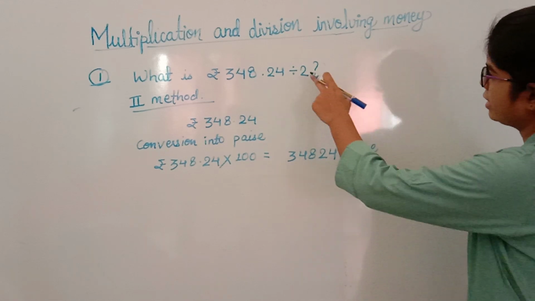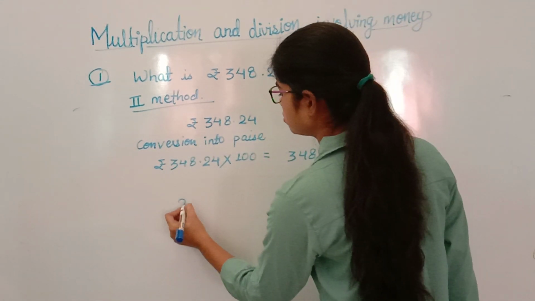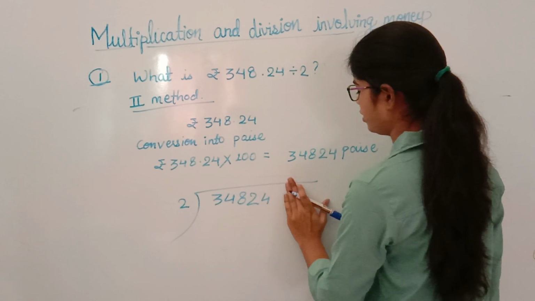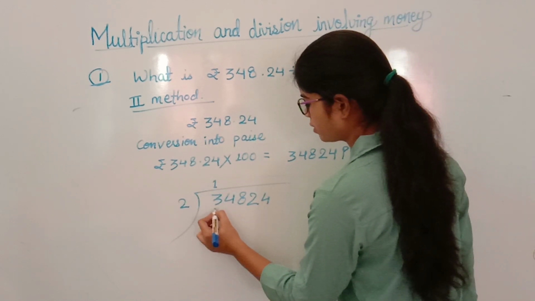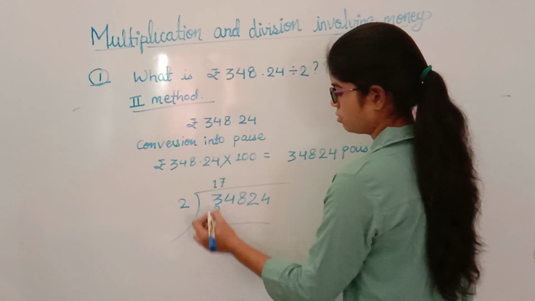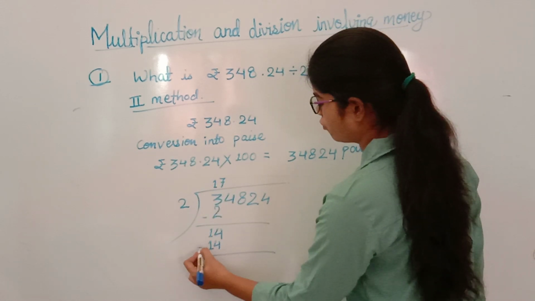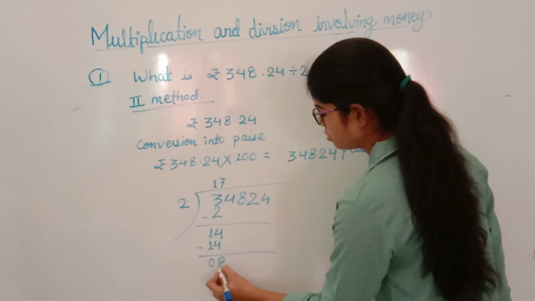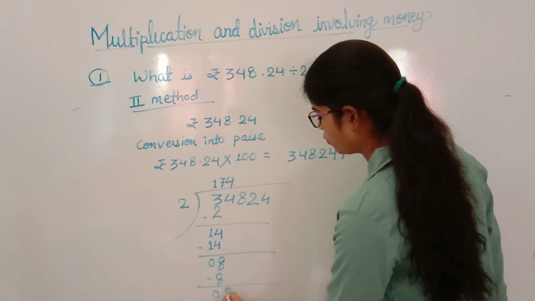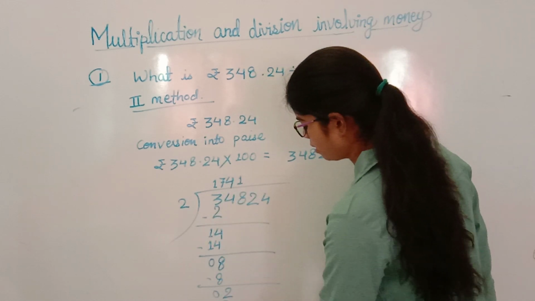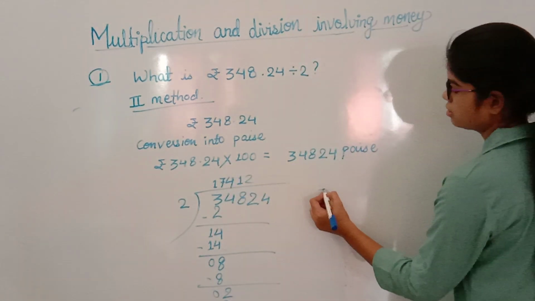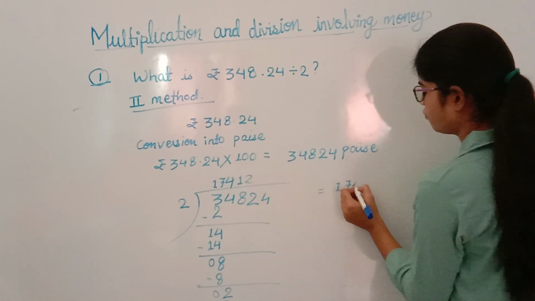After this, we divided by 2, by the normal division method. 2 1s are 2, 3 minus 2 is 1, then 4 comes here, 2 7s are 14, 14 minus 14 is 0, then this 8, 2 4s are 8, this is 0, then 2 1s are 2, subtract, 0, then 4, 2 2s are 4, and we got the same answer 17,412.